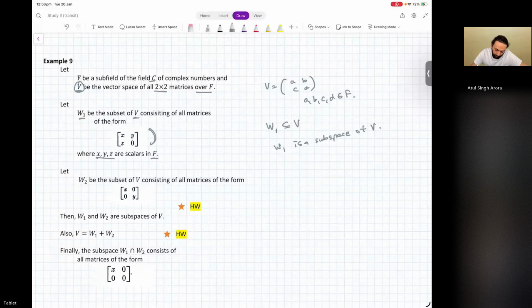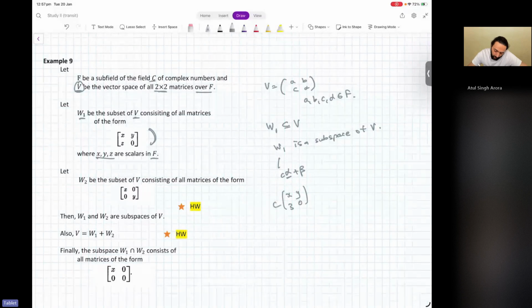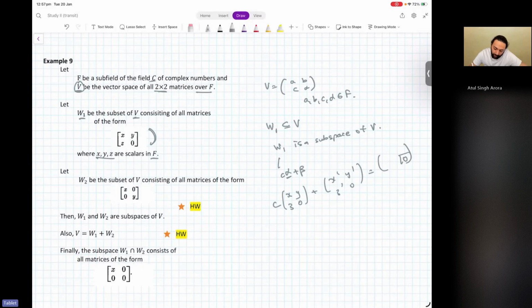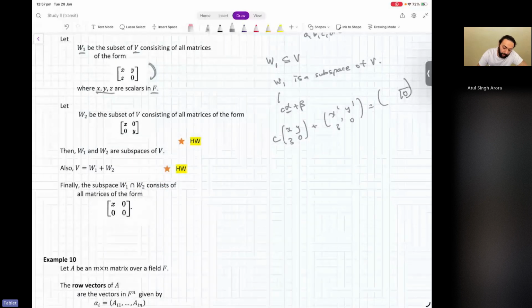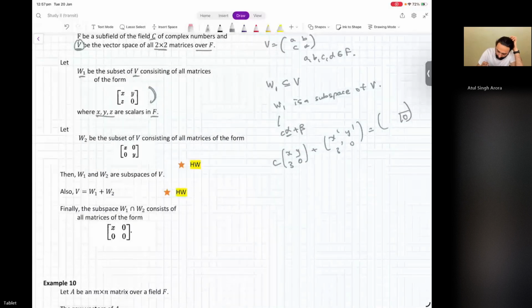We have to do the usual thing, right, with C alpha plus beta. Exactly. Here you look at the matrix (X, Y, Z, 0), multiply it by C, and you get X prime, Y prime, Z prime, 0. The form is preserved, the last entry stays 0, so you know that this is a subspace. Does it make sense? Yes, sir, makes sense.